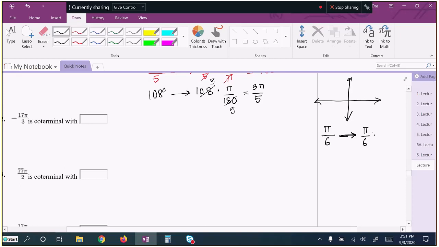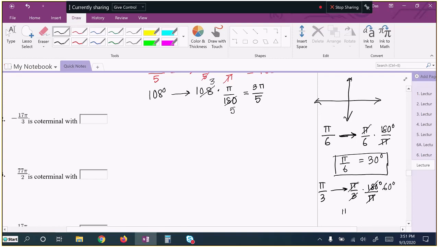I multiply the radian measure by 180 degrees over pi. So pi cancels, 6 divides 180 degrees, so it becomes 30 degrees. So pi over 6 corresponds to 30 degrees. So that's our new relationship, and this is something worth remembering. Similarly, if you want to know what pi over 3 is, then you change it to degree measure by the same conversion formula, and now I get 60 degrees.